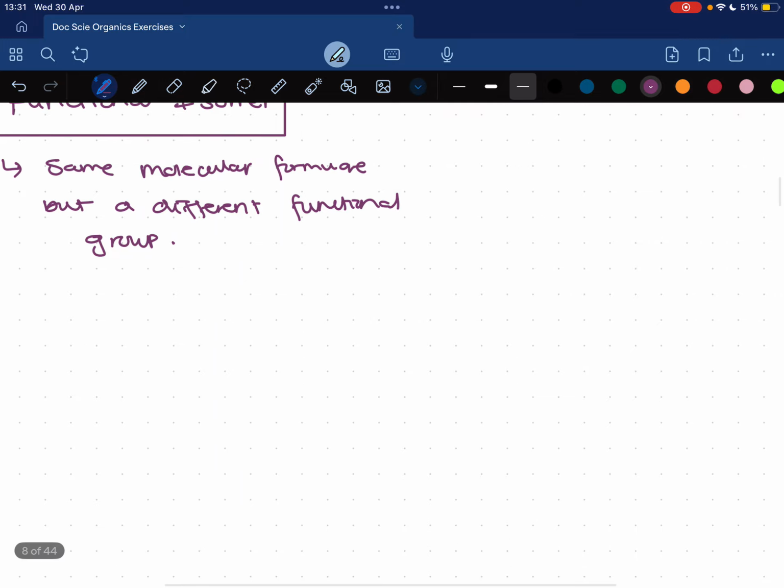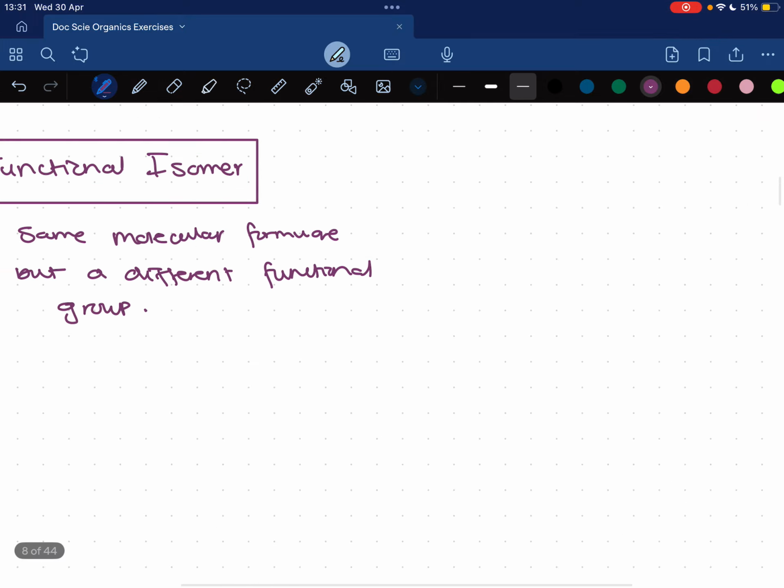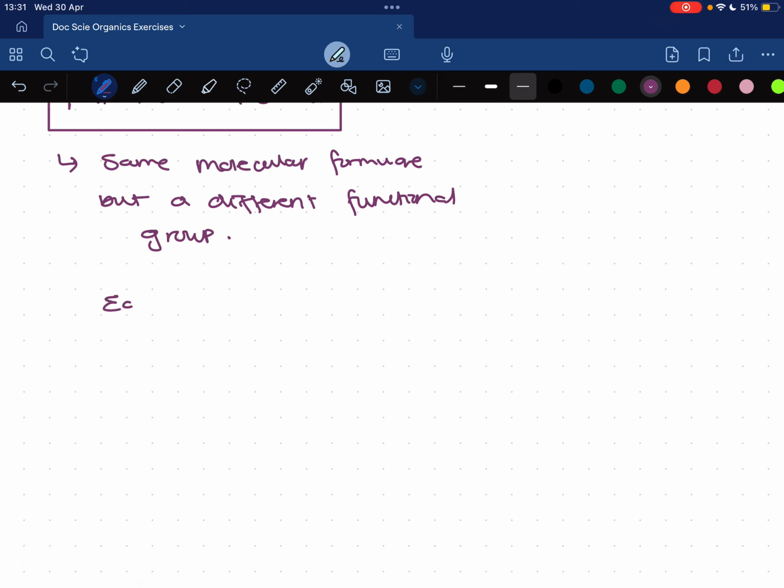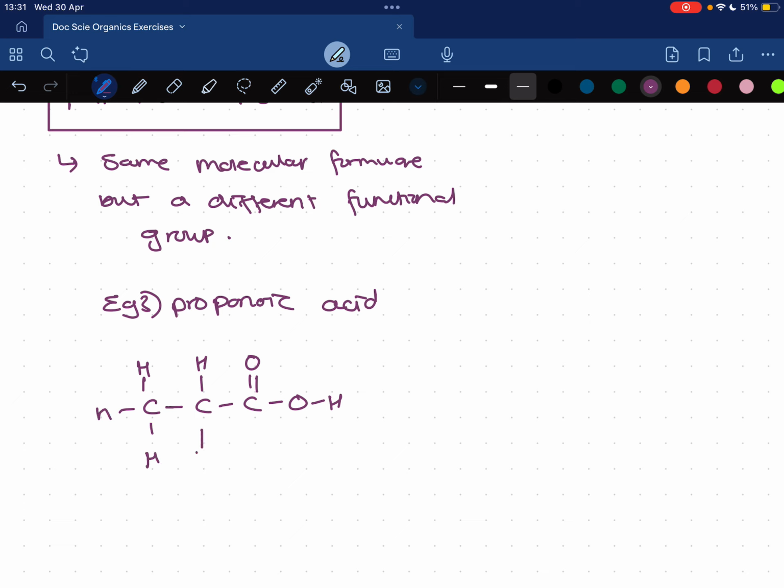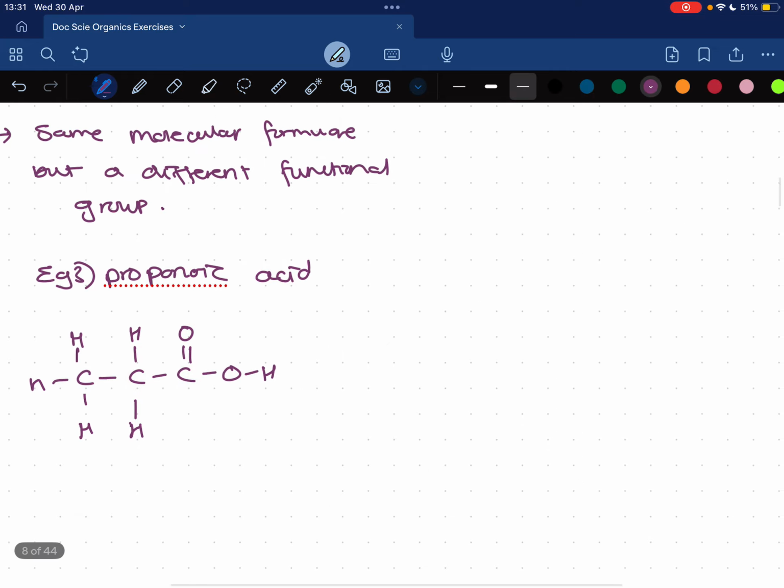But if we look at a carboxylic acid, so if we looked at an example like propanoic acid, we would notice, okay, well, we have 3 carbons, and on the last carbon is that carboxyl group. And then let's say I took this double bond O, single bond O, and I decided to move them to this middle carbon there.